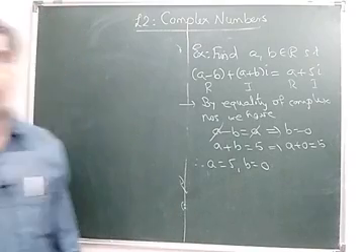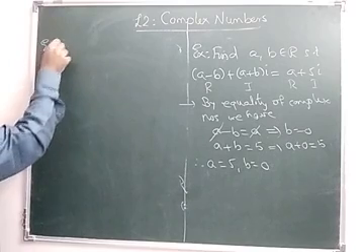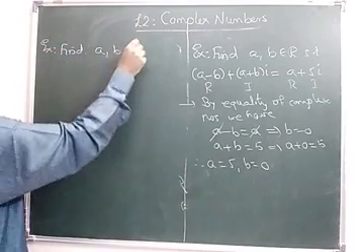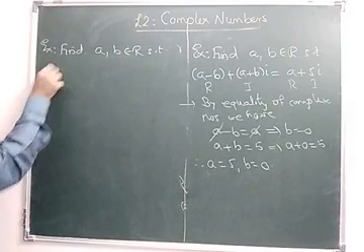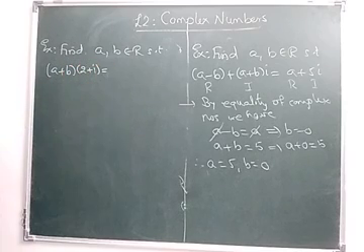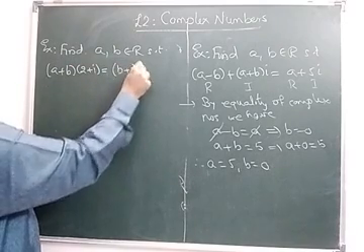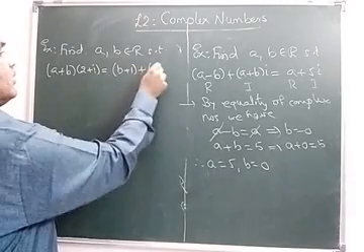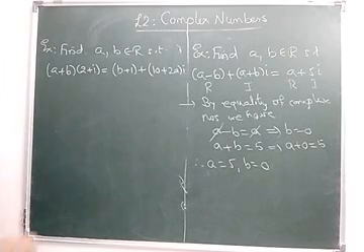Take the next example. Find a, b such that a, b belong to R again, such that (a plus b) into (2 plus i) is equal to, say, (b plus 1) plus (10 plus 2a)i.